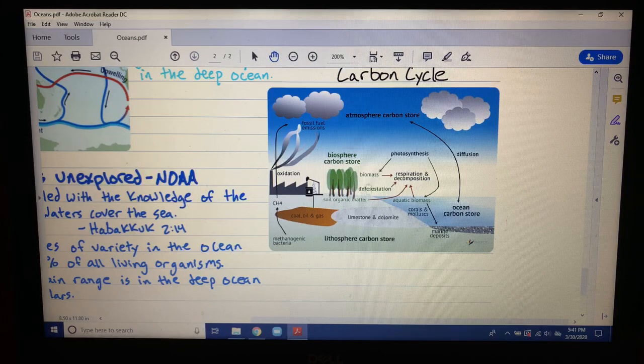Biomass, whether on land or in the water, is going to try to recycle that down through photosynthesis and replace it with oxygen. But other organisms might also use it for respiration and decomposition, which puts it either back in the ground or back in the air. And so a lot of times, if it's not making its way into the ground, it's being deposited in the ocean. And a lot of the photosynthesis, actually, that I talked about earlier, most of the Earth's photosynthesis happens in the ocean.